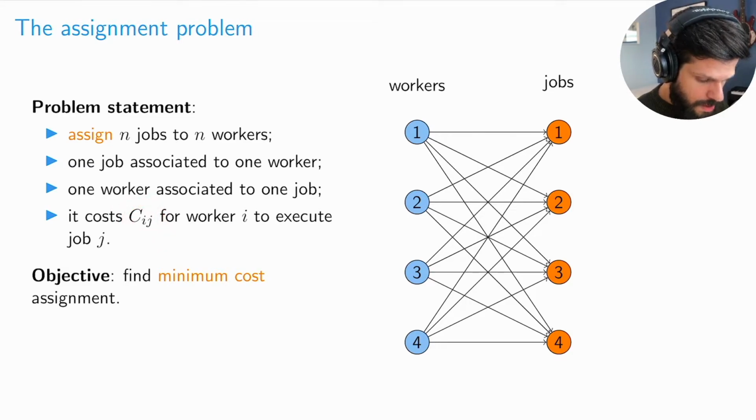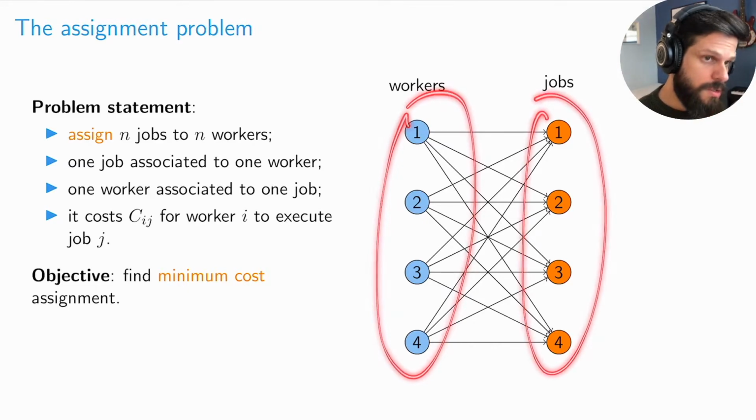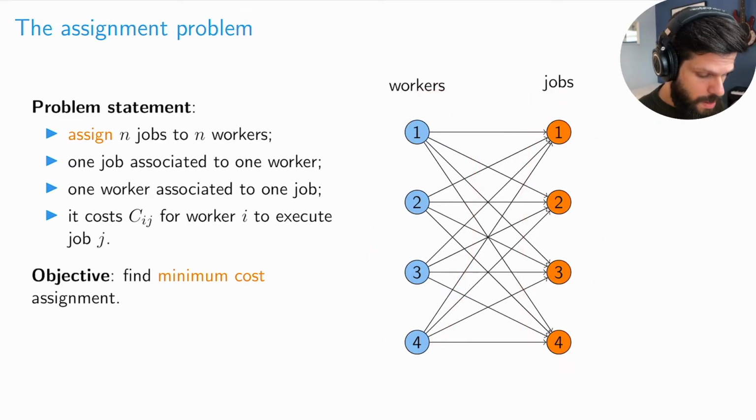The idea is that I want to define the minimum cost association I can make between workers and jobs, so that I get all the jobs done. So for each job I have one worker, and for each worker I have one job, and the total cost is minimized. You can see that the combinatorial nature of the problem allows me to represent it as a graph, where I have nodes connected with arcs, and each arc represents a possible connection.